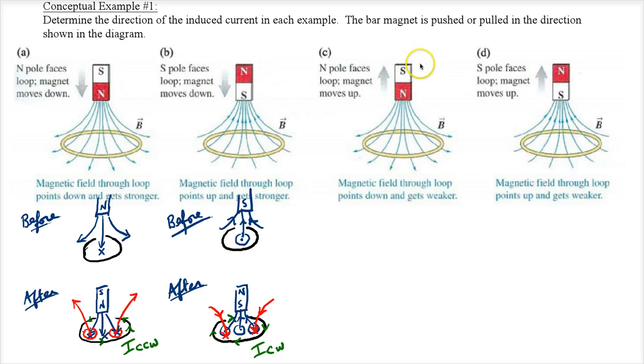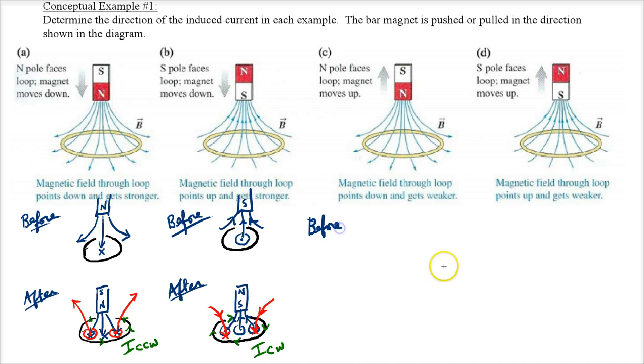All right, moving on to example C. Here we have the north pole of the magnet facing the loop, but the magnet is being moved outwards and away from the plane of the loop. So the magnetic field through the loop is pointing down into the loop, but is getting weaker and weaker as time goes on. So again, we'll draw a before and an afterwards picture.